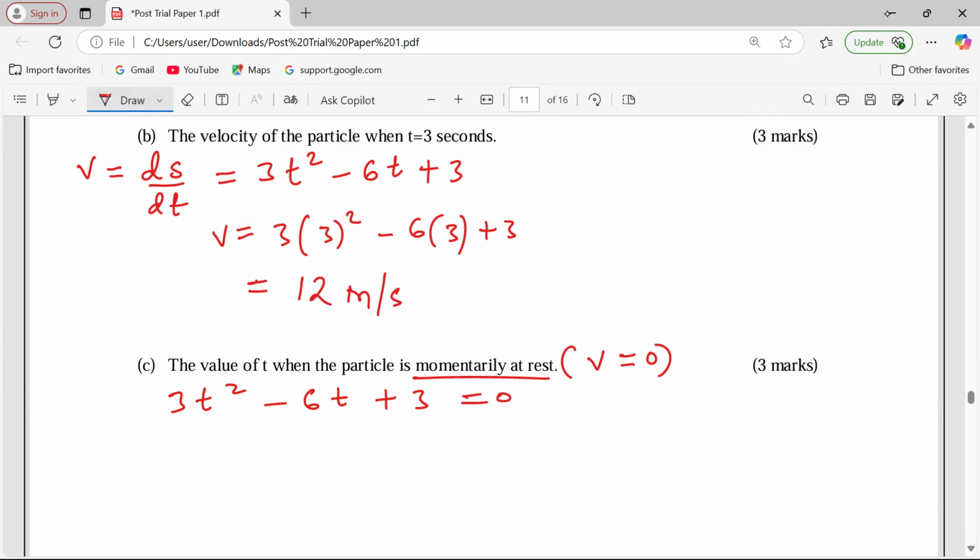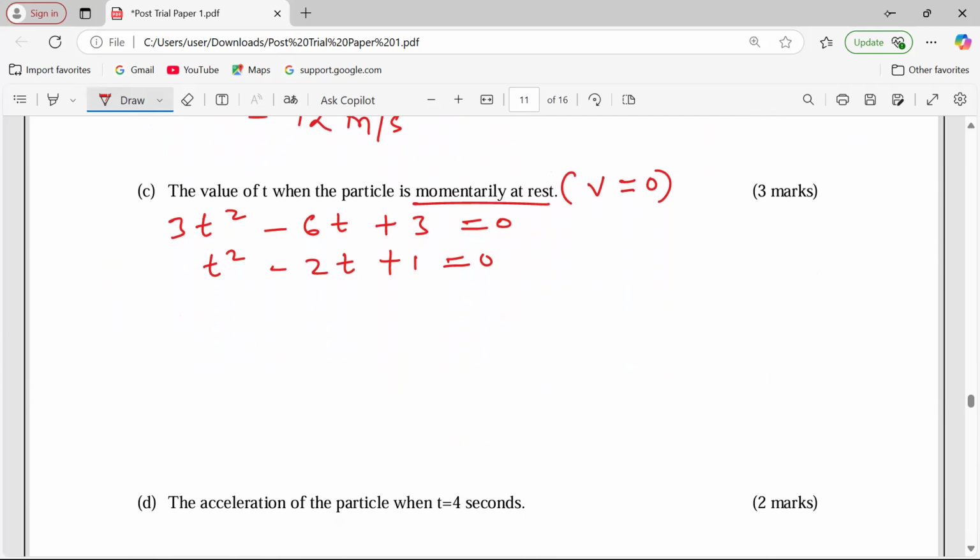We can see 3 is common, so we can simplify, equals 0. So we can solve this quadratic equation through any of the methods, like factorization, completing the square, or the quadratic formula.